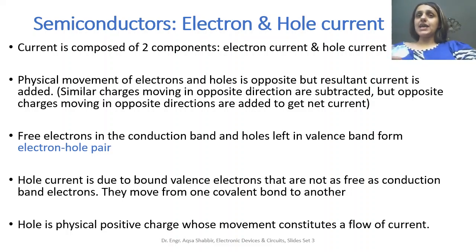So we can say that the hole current is basically due to bound valence electrons that are not as free as conduction band electrons. Therefore, they only move from one covalent bond to another, and their movement from one covalent bond to another is basically the movement of holes.